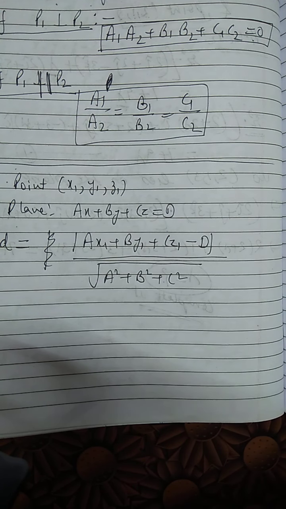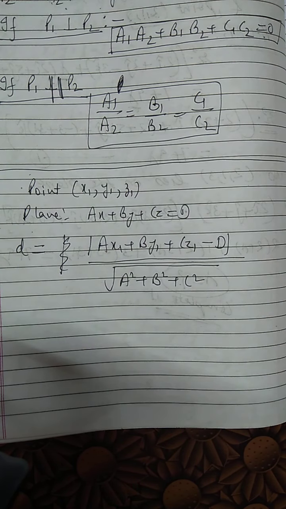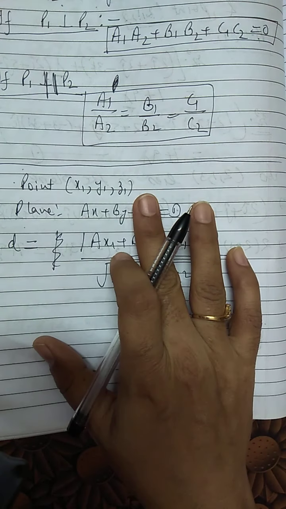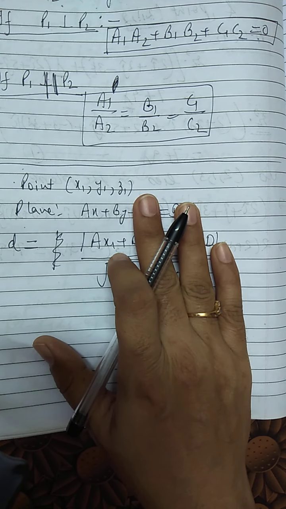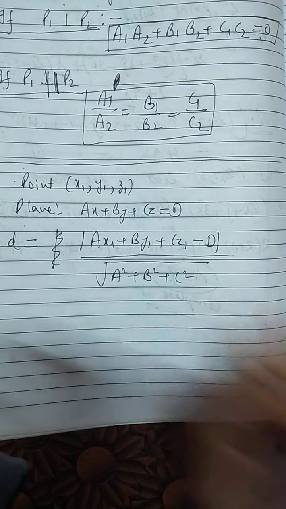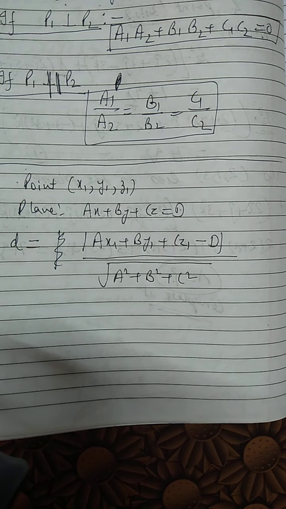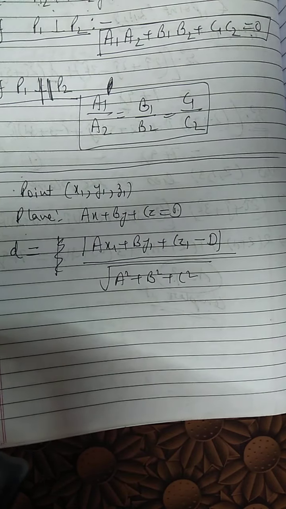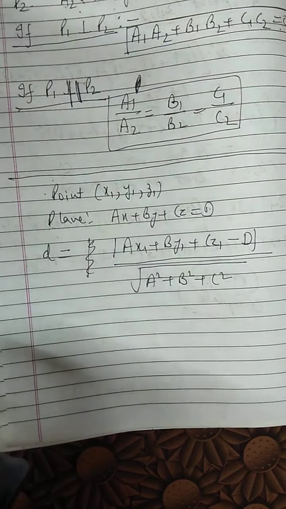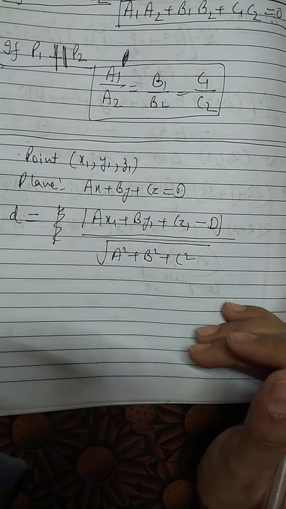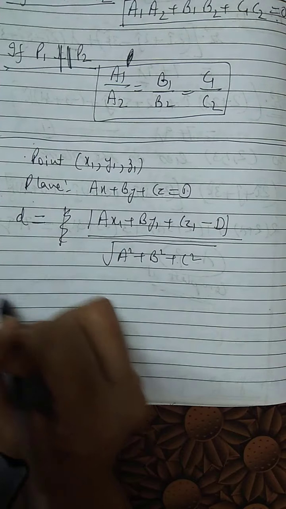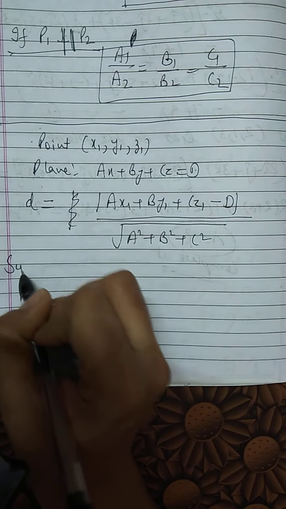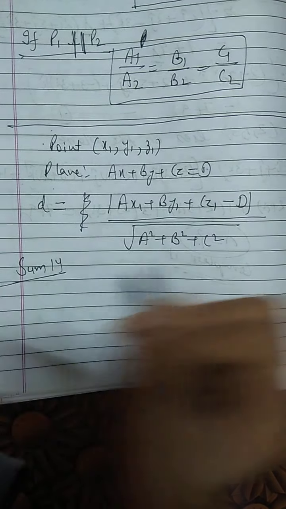There we have the linear equation in two variables, ax plus by equals d or c, and the point also had two coordinates. Let us do one sum based upon this formula, and then you will be able to do all parts of sum number 14. I am just applying the formula directly.